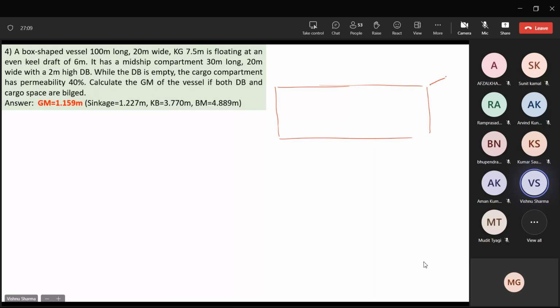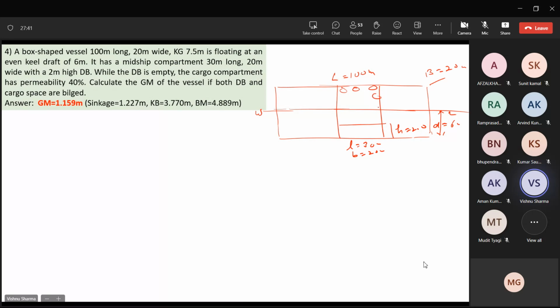So length 100 meters. If you don't follow these steps, you are not going to reach the end. That much I can tell you. Floating on an even keel at a draft of 6 meters, has a midship compartment of 30-meter length, 20-meter breadth, has a DB of height 2 meters.